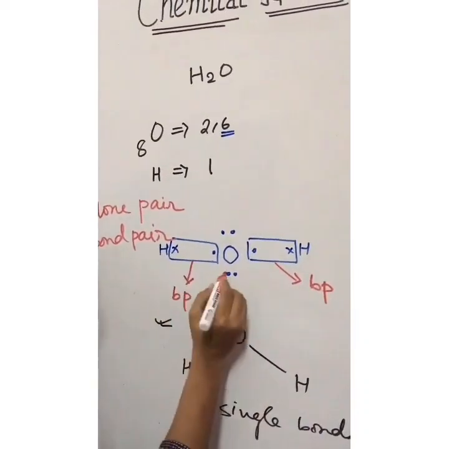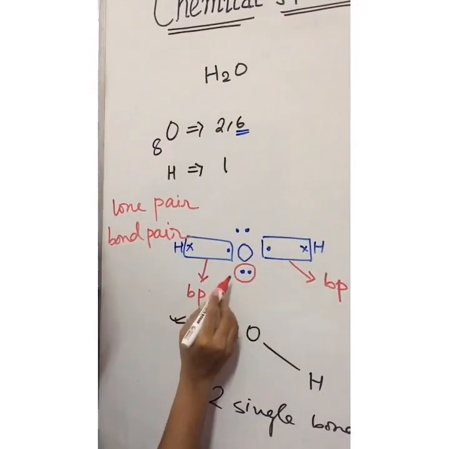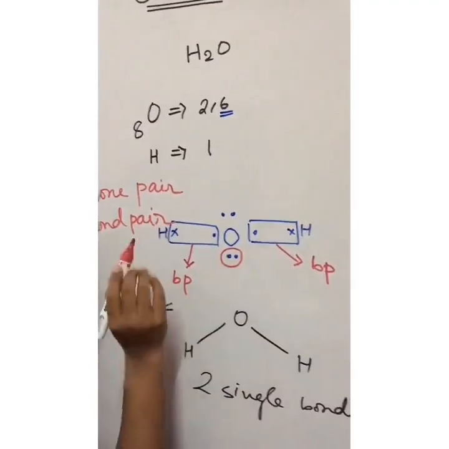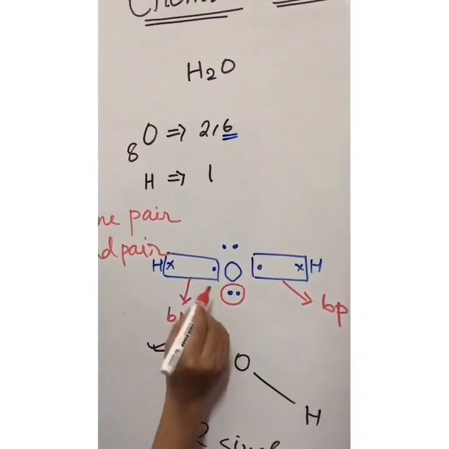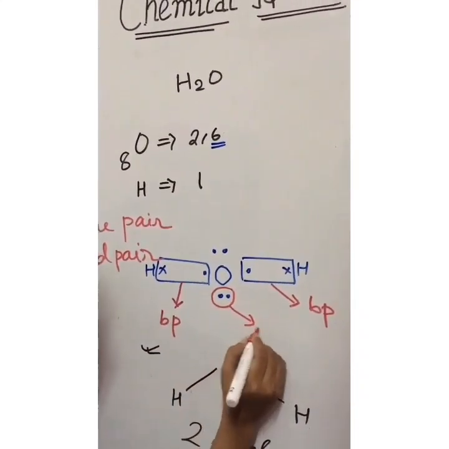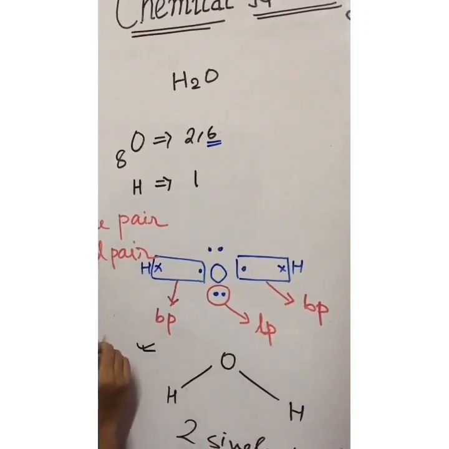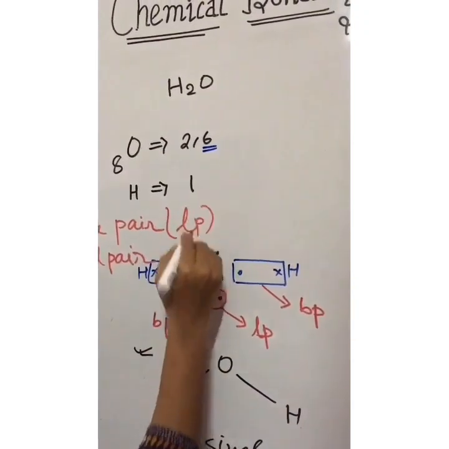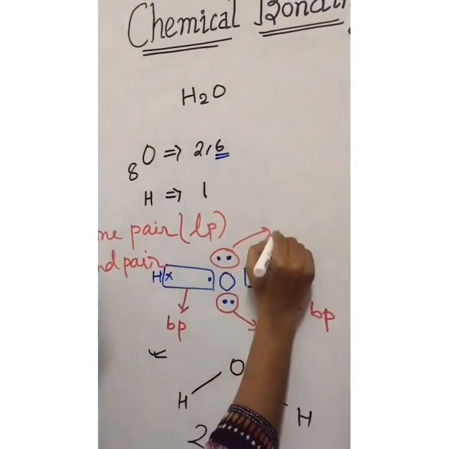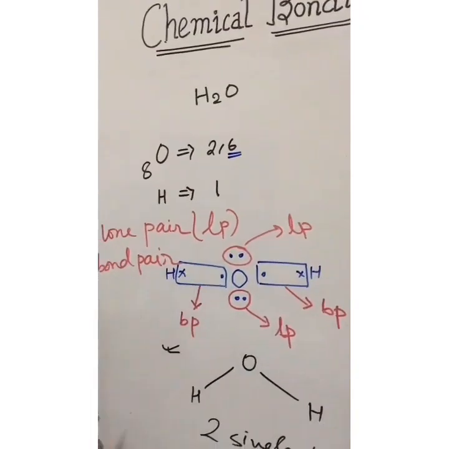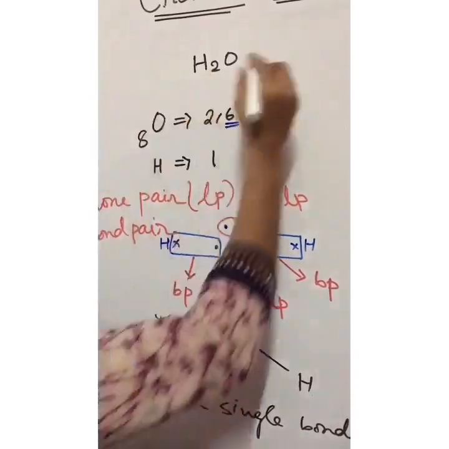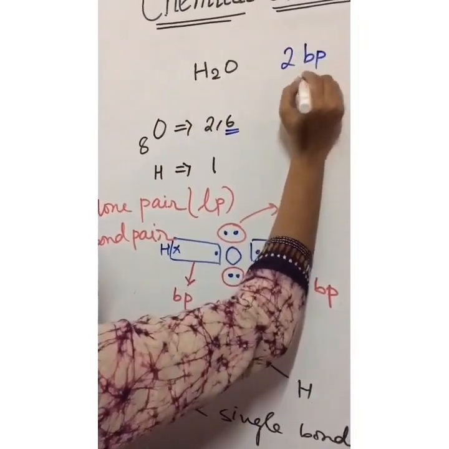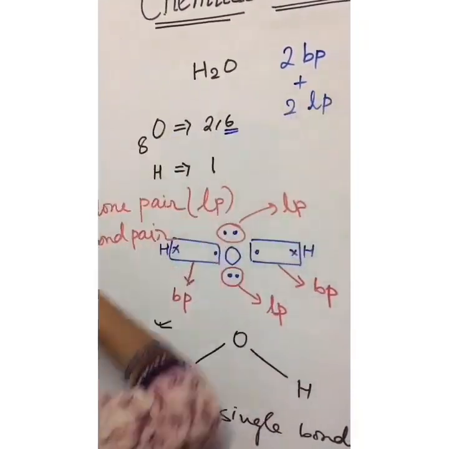Now, this electron pair left on oxygen, unshared by anyone, is called a lone pair of electrons, represented by LP. This unshared pair is also a lone pair. So in the water molecule, we have two bond pairs plus two lone pairs.